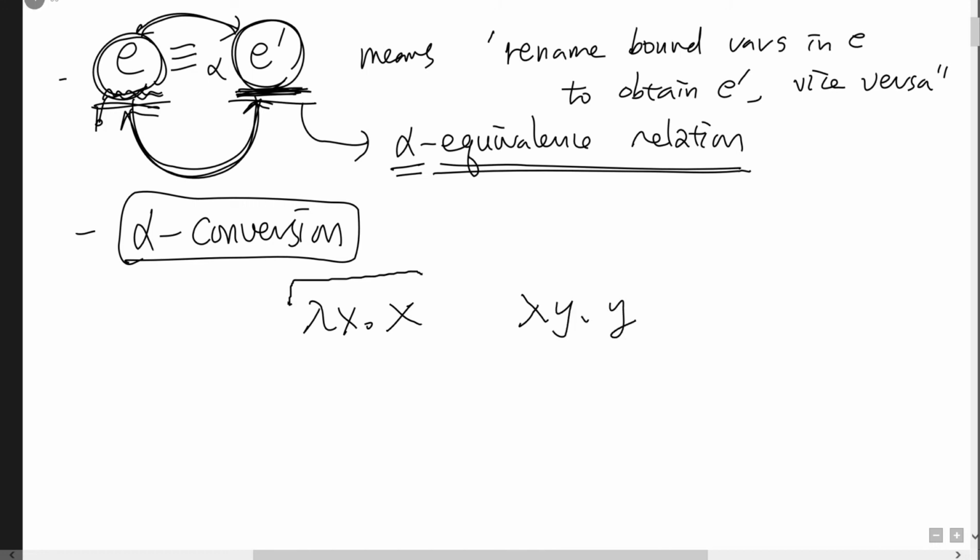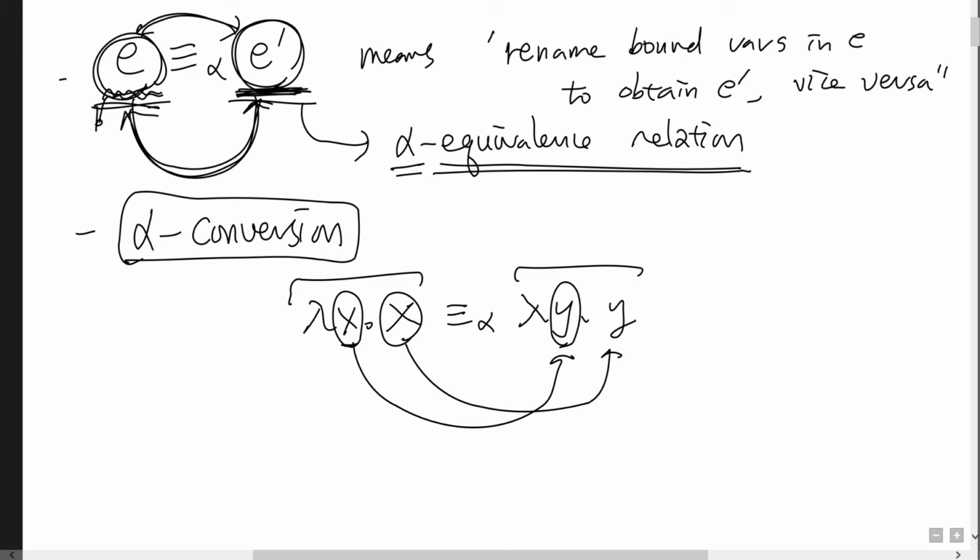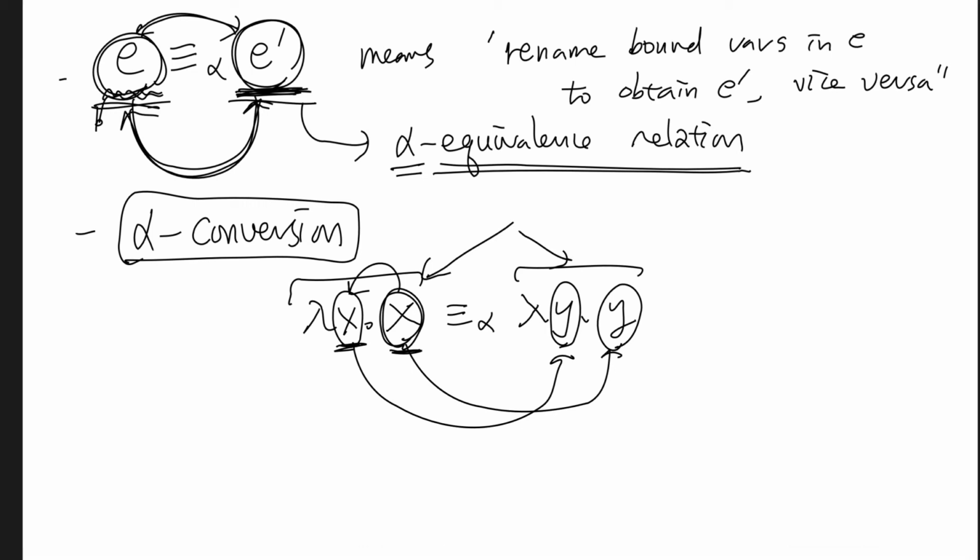These two expressions are related under the alpha equivalence relation, because if you choose to rename this bounded variable x to y, you have to convert this one to y as well, because this variable x refers to this bounded variable. This complies with our intuition that these two expressions are indistinguishable except for their choices of this bounded variable. These two expressions are just equivalent.